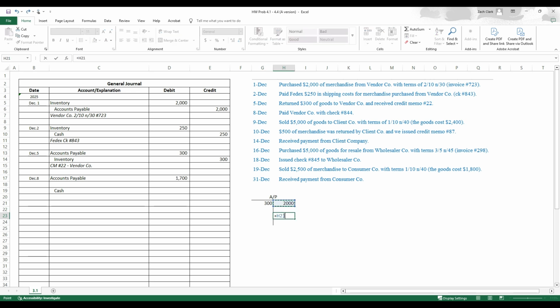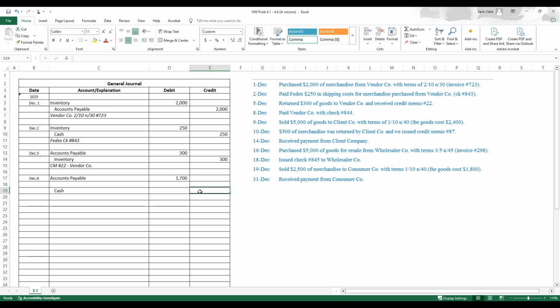If we take our credit minus our debit, we end up with the $1,700 payable that we owe them. And then here you can see we're making our payment to close this out. That brings both sides to balance and go to 0. So hopefully that's helpful to visualize what's happening with the debits and credits, but you can also see it above in the debits and credits shown here in the general journal. Okay, so our accounts payable goes to 0, so all amounts due have been accounted for and closed out.